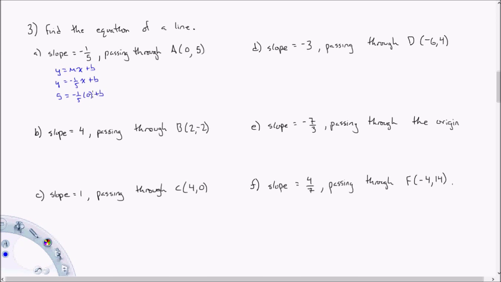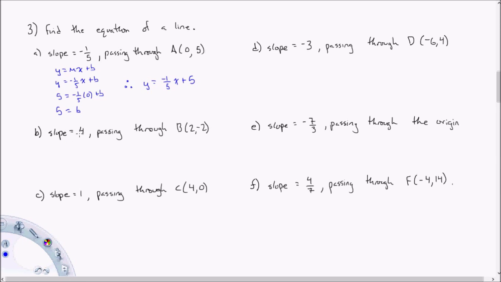And now the only thing we don't know is b, so we can isolate for b. Negative 1/5 times 0 is 0. So we only have b on the right side, and that's equal to 5. So we can say, therefore, the equation of the line is y equals mx plus b, which is 5.